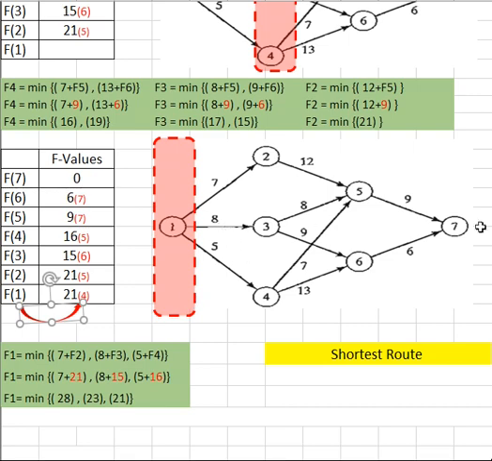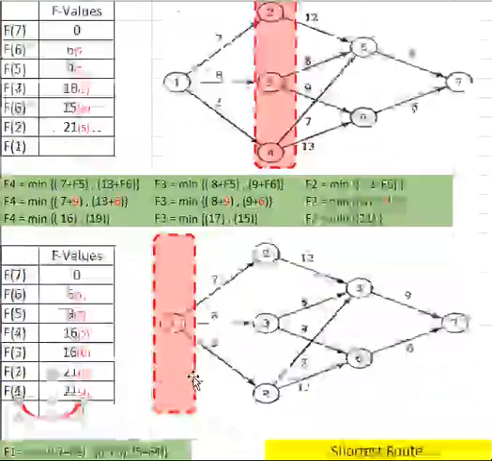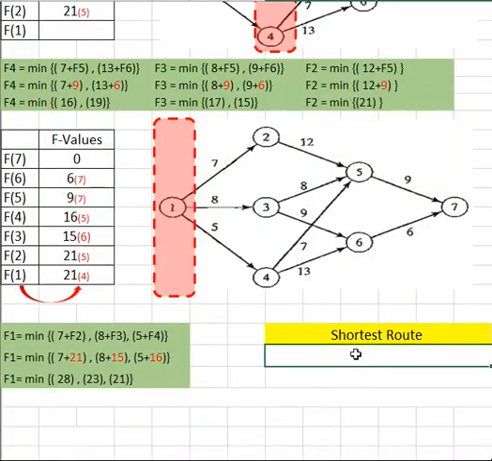Let's start with 1 to 7, di ba? We need to get the shortest route from node 1 to node 7. We could get it from F1, daw ay galing kay 4. Kita nyo? F4 ay galing kay 5. 1, 4, 5.